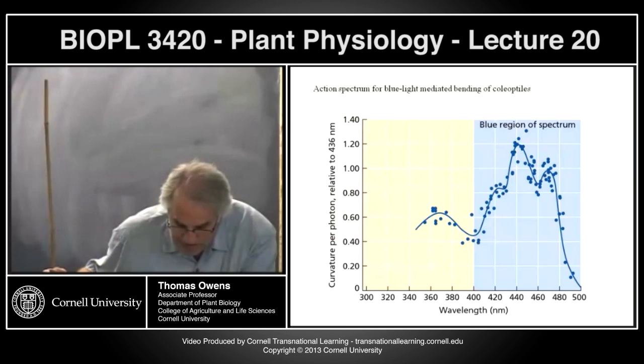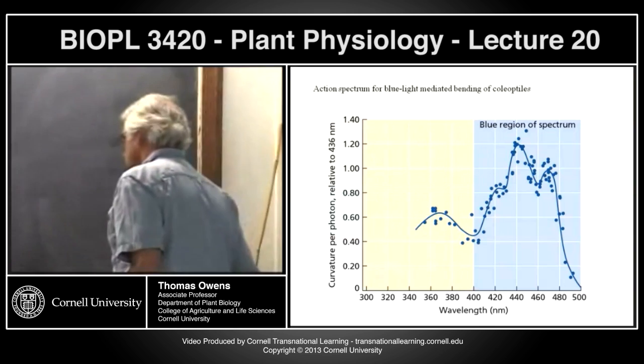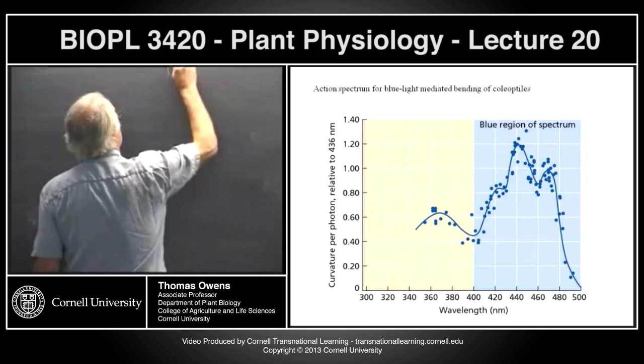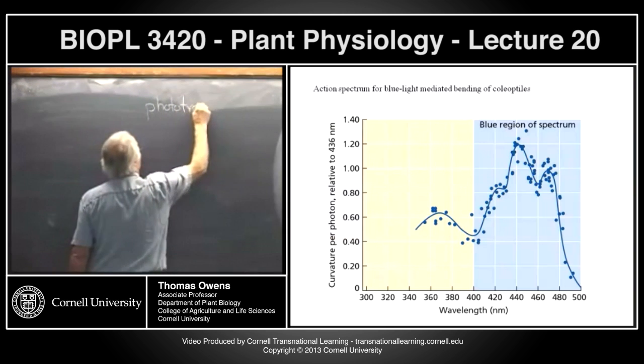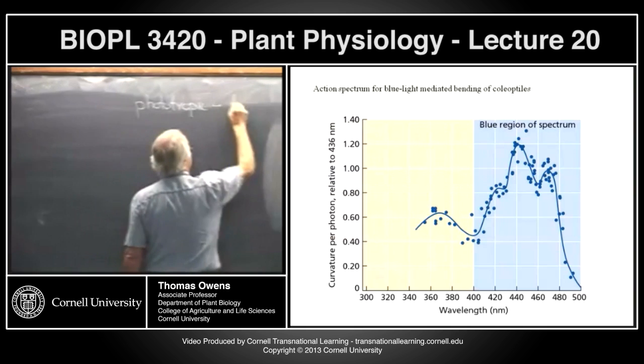Okay. So when we talked about photomorphogenesis, one of the things that we talked about last week was the idea of phototropic responses. And that means response to directional light.